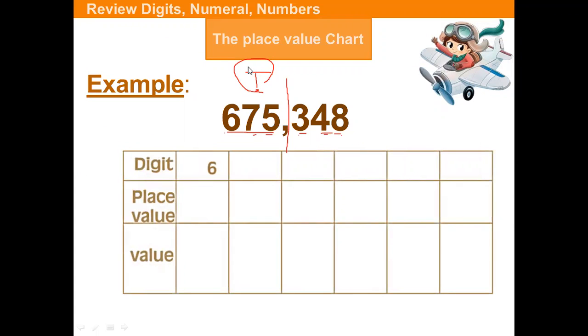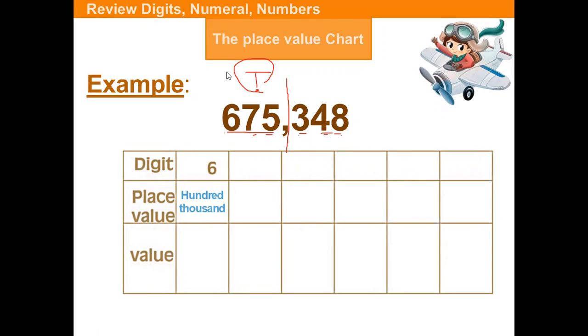Now we need to put each number. What about the 6? 6 is a digit. The place value of the 6 is 100,000. Don't forget my family. So it's 100 of the 1,000. What is the value?